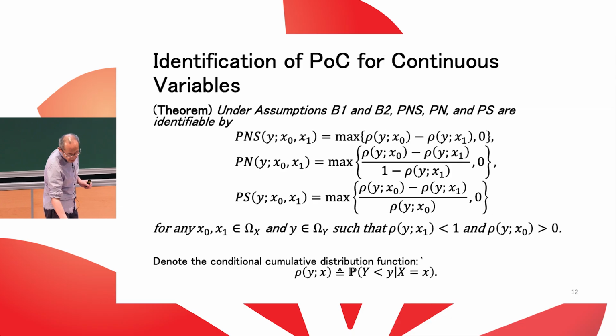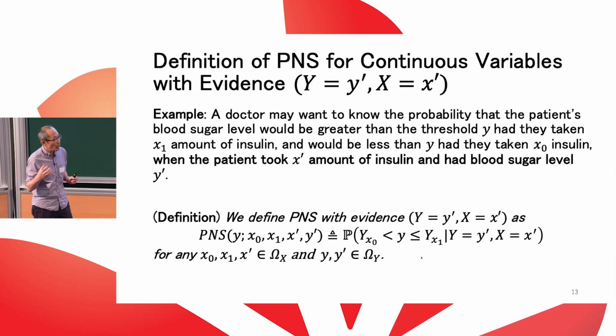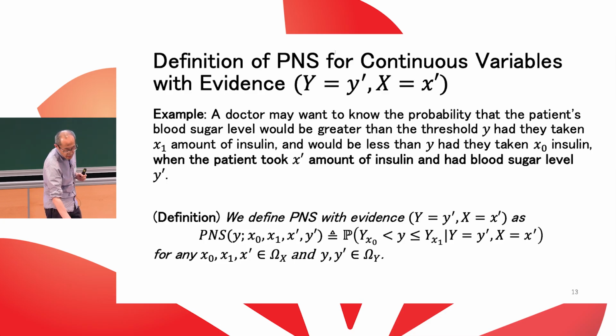But it turns out that once we have continuous variables, now you can think of more complex quantities. In practice, there are many other interesting causal questions researchers might be interested in. So with continuous variables, we could, in principle, define many other interesting causal quantities. For example, here we could define the PNS with evidence.